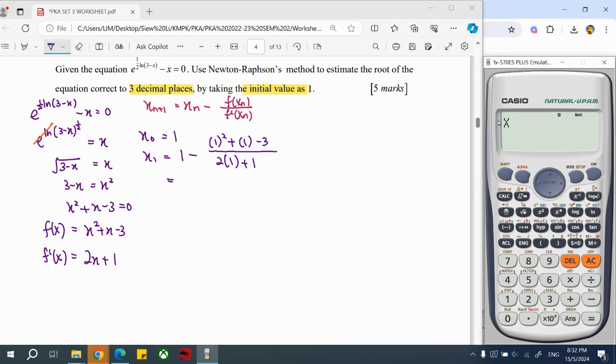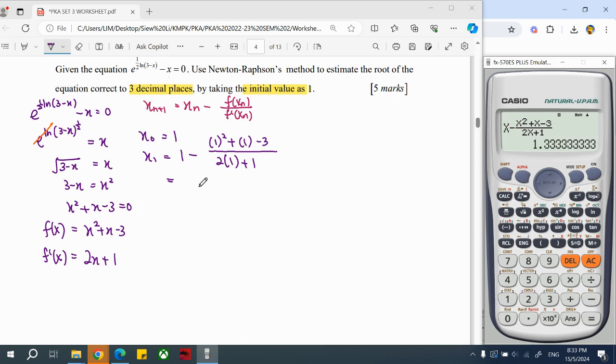So you need to press your formula, alpha x minus, key in your function, alpha x squared plus alpha x minus 3 over 2 alpha x plus 1. Then calculate for the initial value 1. Then we'll take down.